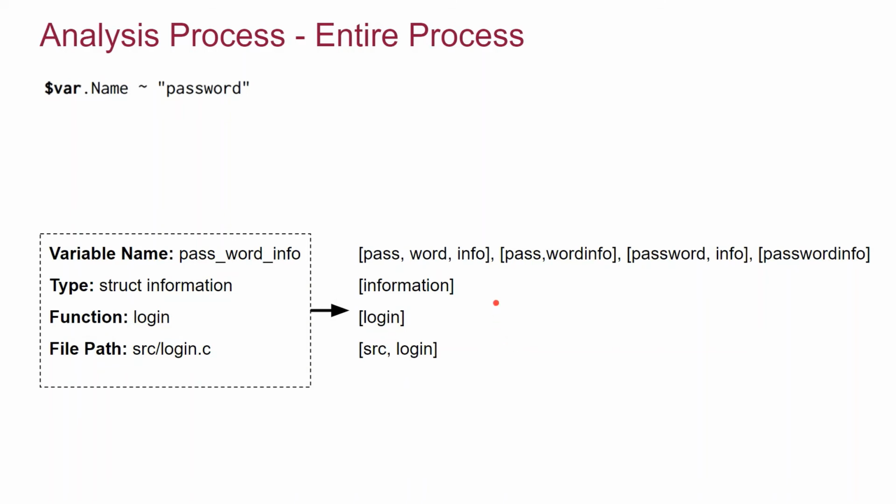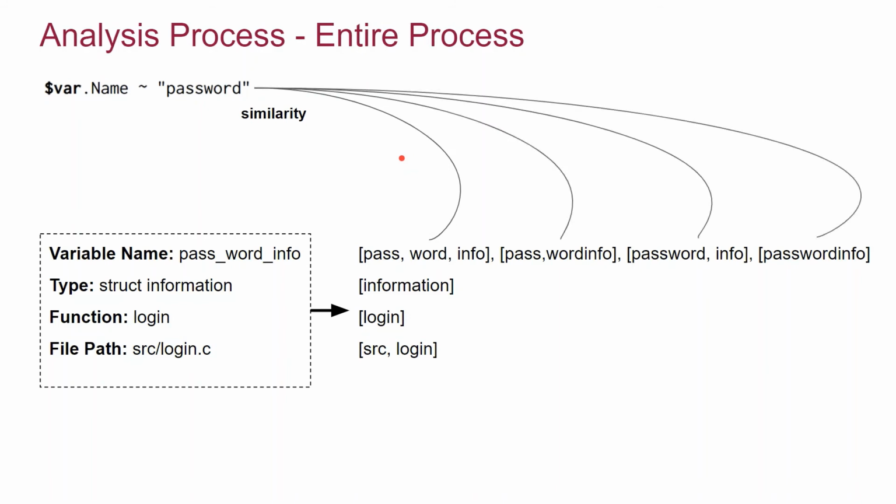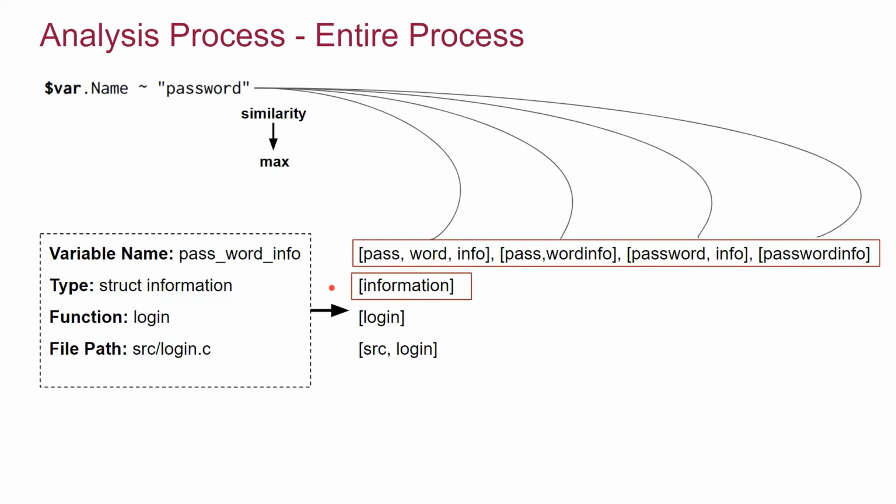Then we will calculate the similarity between the target word, password, and the arrays. We do this for each array and get similarities. Then we find the max value and use it as the similarity of the variable name. And we do the same thing for type, function, and file path.